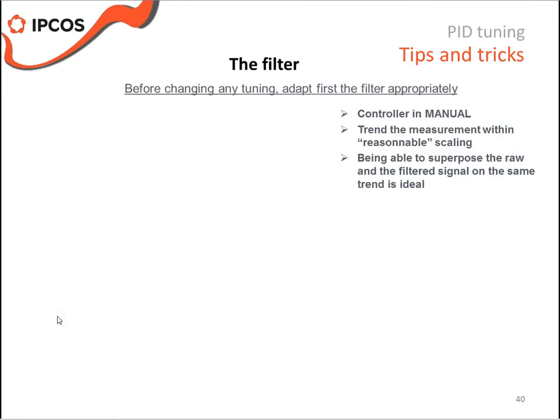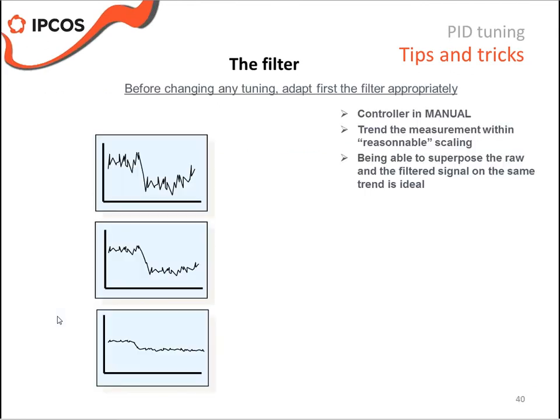We can visually inspect the filtering. We can put the controller in manual, trend the measurement, and see if it's reasonable. If it's quite spiky, then there's not enough filtering or there isn't any filtering. If it's heavily damped, it means perhaps there's too much filtering.